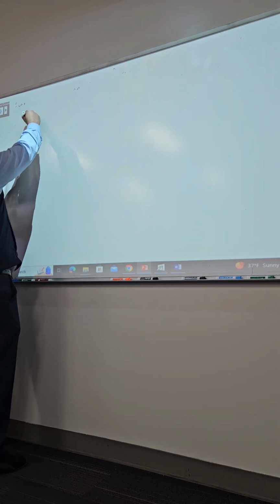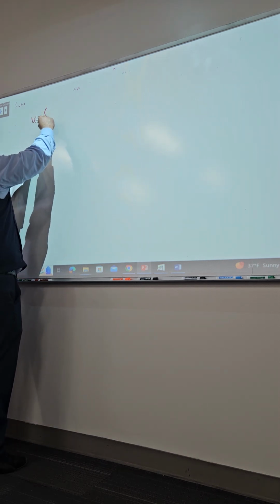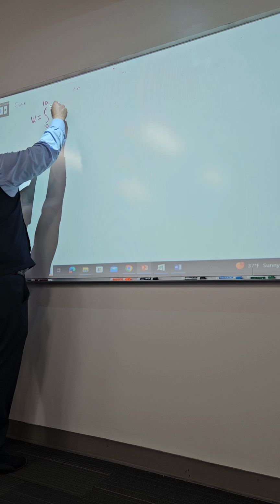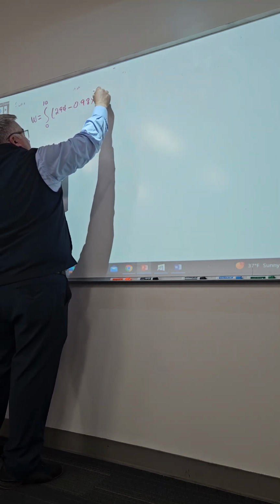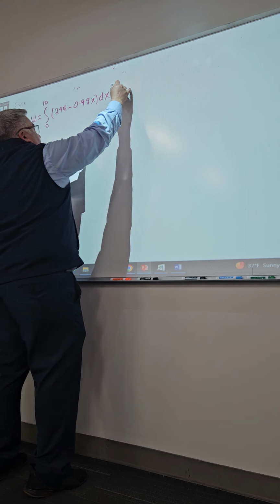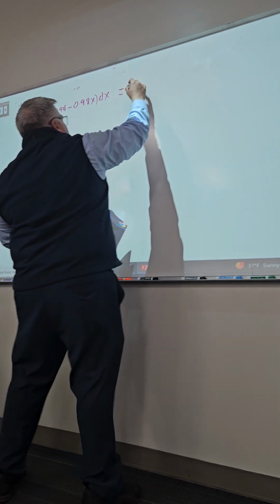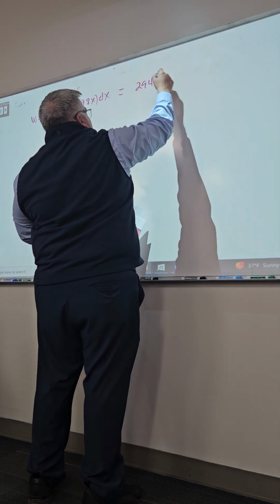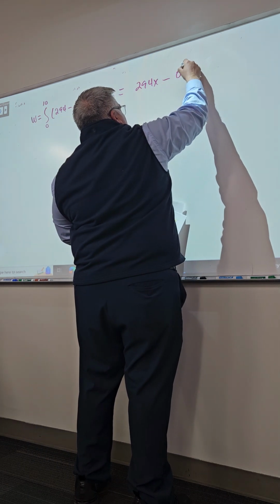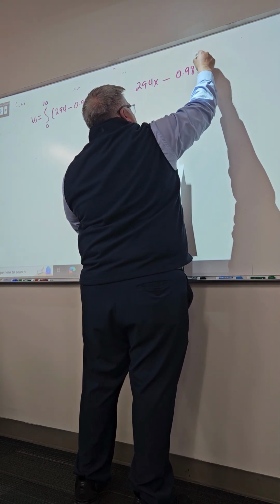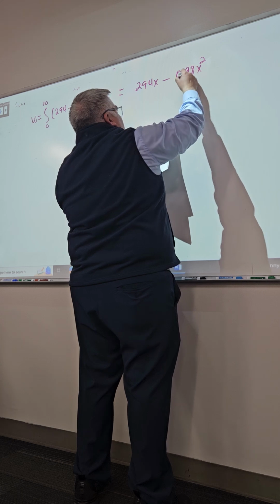So here we go. I want you to write that work again. So work is equal to the integral from 0 to 10 of 294 minus 0.98x dx. So we're going to take the integral of that. The integral of 294 is 294x minus the integral of 0.98x, which is 0.98x squared divided by 2.